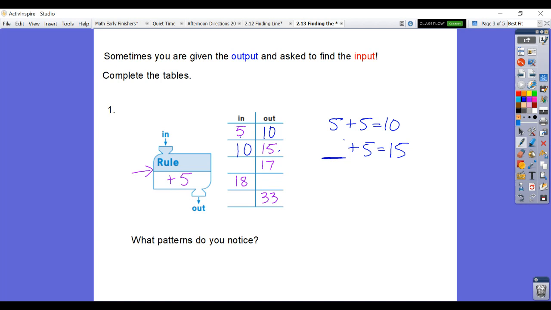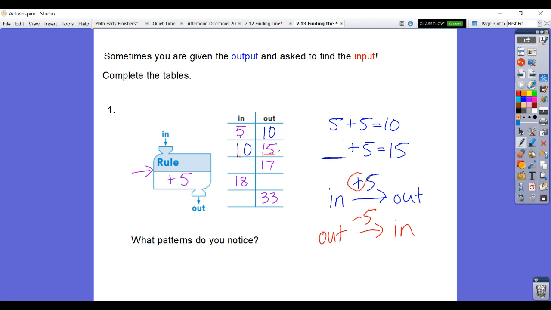Now, what's kind of cool is that we know to go from input to output, you added 5, right? Well, if you want to go from output to input, you do what? Subtract 5, right? 15 minus 5 brought me back to 10.